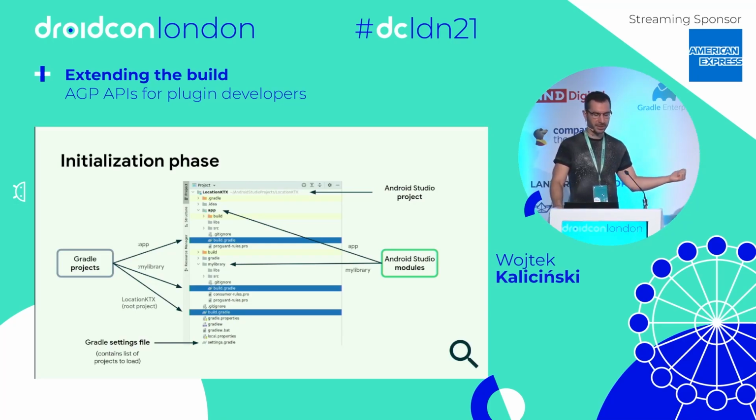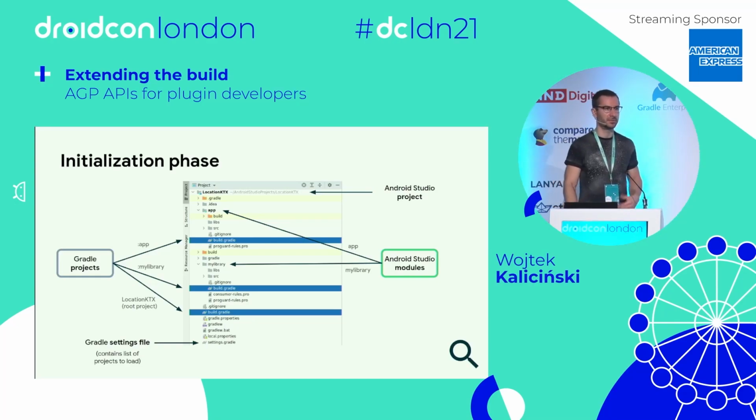It has the root project, maybe the main application module or project, and some library projects, and so on. In Android land, in all of our documentation in Android Studio, we say you have one project that has modules: the app module, the library modules, and so on. So if I make this mistake again, we can use the terms interchangeably. But if you read Gradle's documentation, they will be called projects.